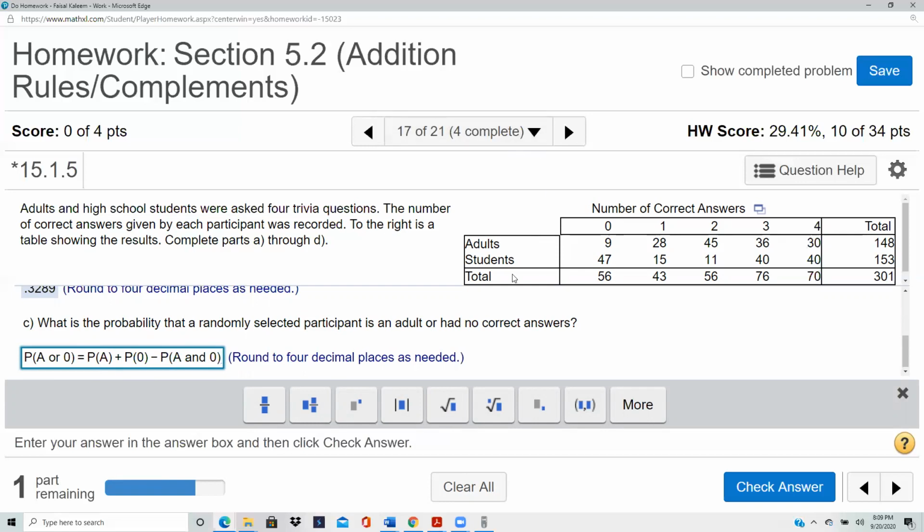So adults are 148. Zero answers are 56. And adults and 0, that's 9.